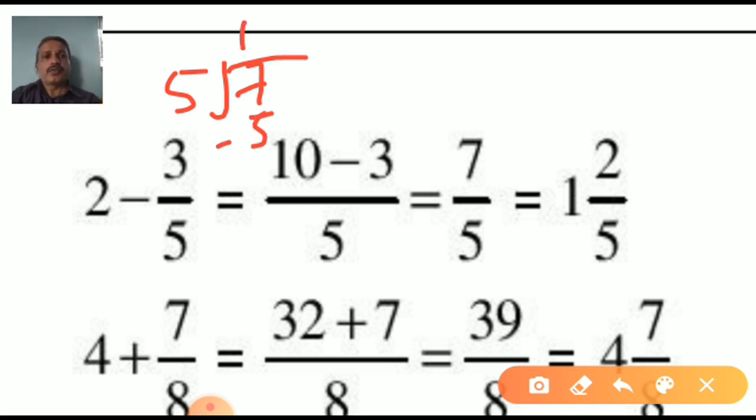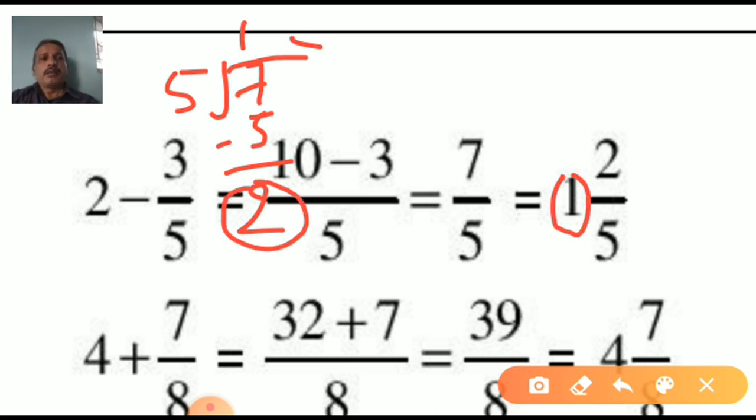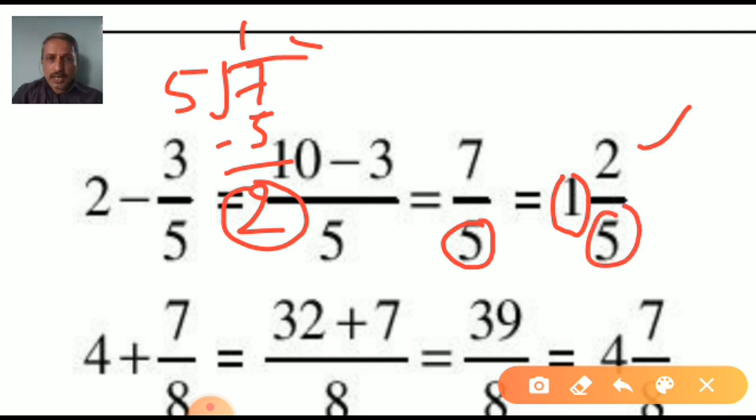What is the remainder, student? 2. So this 1 is the quotient. You write it first as the integer part, and the remainder becomes the numerator. And who is the denominator? It will not change. It remains as it is. So here 1 and 2 upon 5 is our final answer. Understood, student? Good.